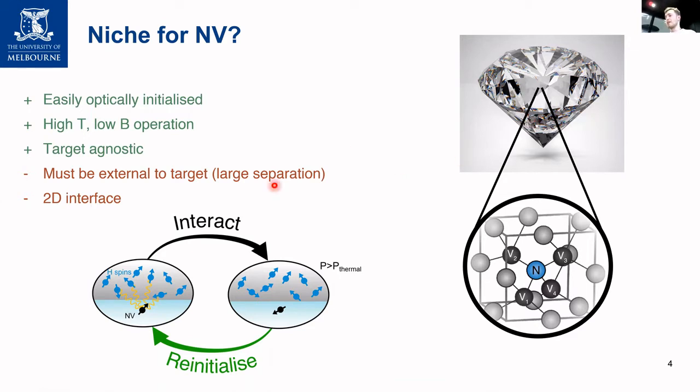And along similar lines, we have to interact over a 2D interface rather than in a more efficient three-dimensional sense. So basically, these are pretty big drawbacks, and the purpose of this work is to ascertain whether these drawbacks can be realistically overcome in order to find a niche for NV-based techniques in the existing hyperpolarization landscape.